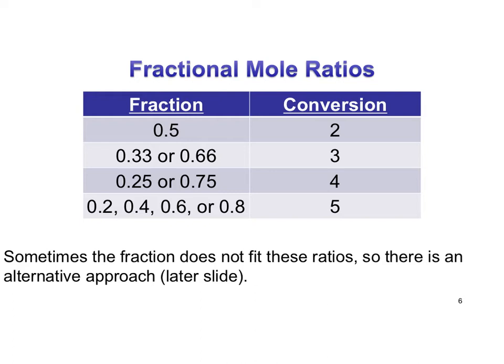If the fractional portion is close to 0.25, that is 1/4, or 0.75, that is 3/4, then multiply all moles by 4. If the fractional portion is close to 0.2, that is 1/5, 0.4, that is 2/5, 0.6, that is 3/5, or 0.8, that is 4/5, then multiply all moles by 5.